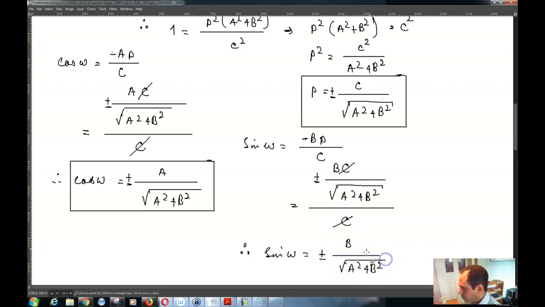So that is again one thing that you can use while you're working with your lines in normal form.